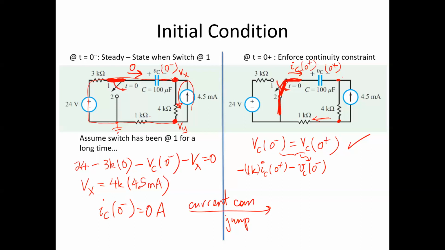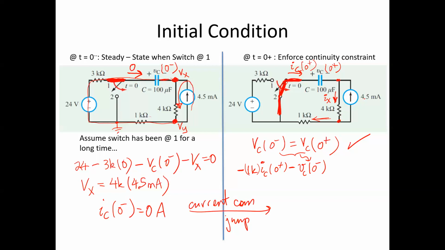And then again, we have this situation where we need to drop over the 4 k ohm resistor. But now in this case, we don't have a non-zero current here, so we need to use KCL to find this. If I want to find the current through the 4 k ohm resistor, let's call this IX. How would we calculate it? Well, we have IC going inward to the node.